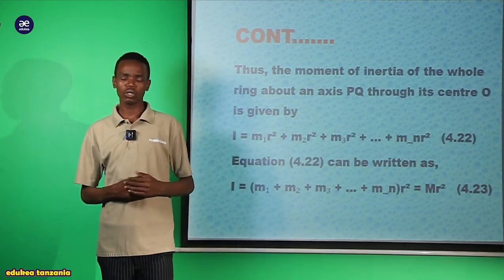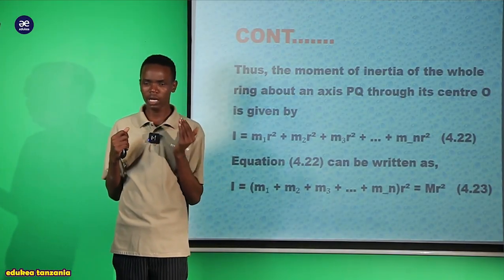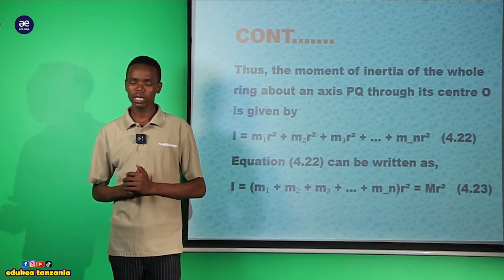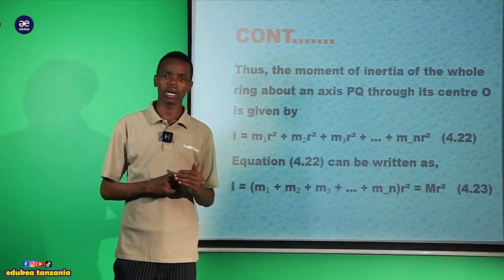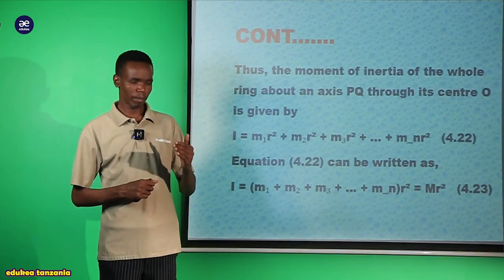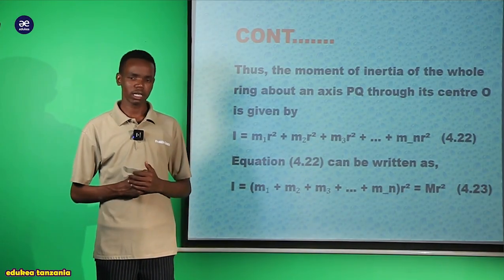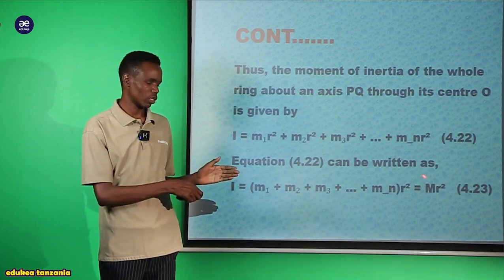Now finally we should say that the moment of inertia for the whole uniform ring must be equal to the individual masses times the distance square. The individual masses are represented by the symbol m, as we try to observe.